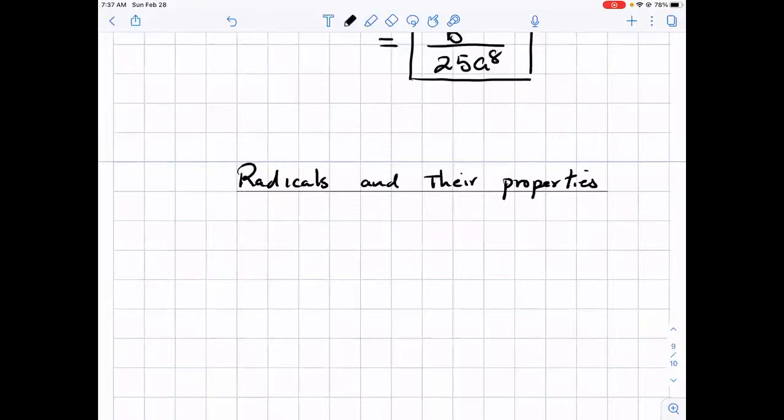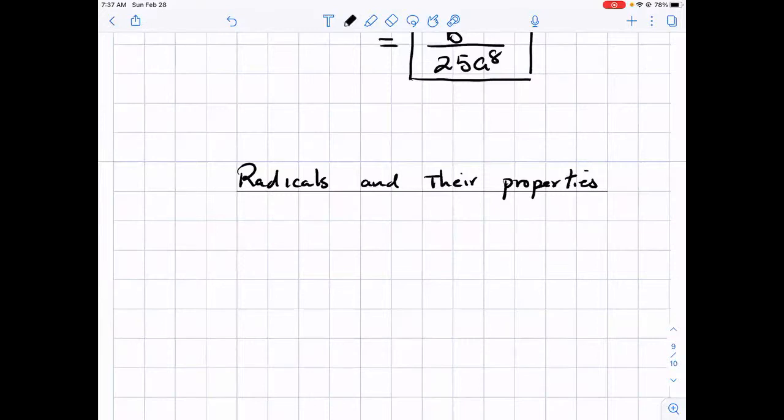So let's look at radicals and their properties. Right? So a square root of a number is one of its two equal factors.